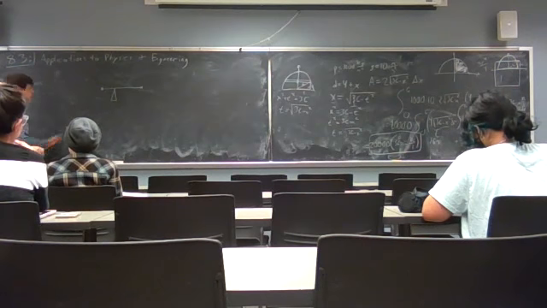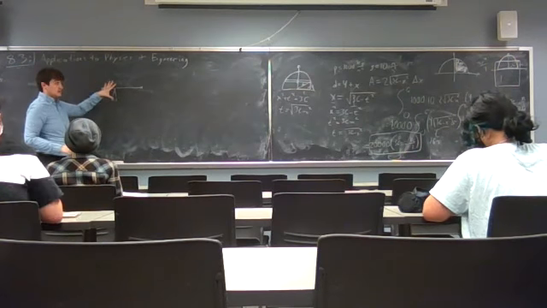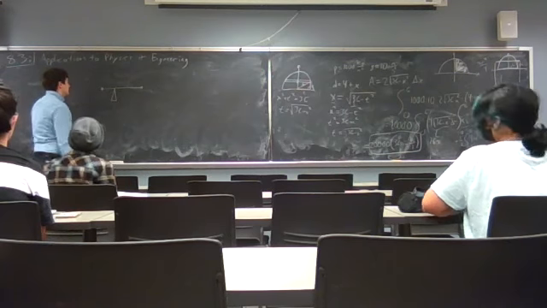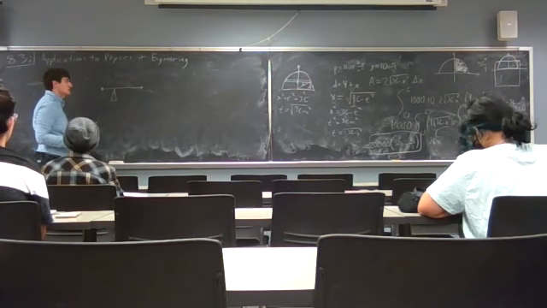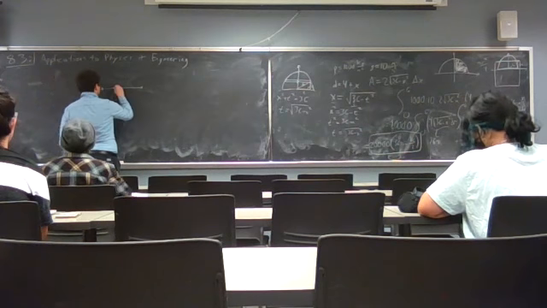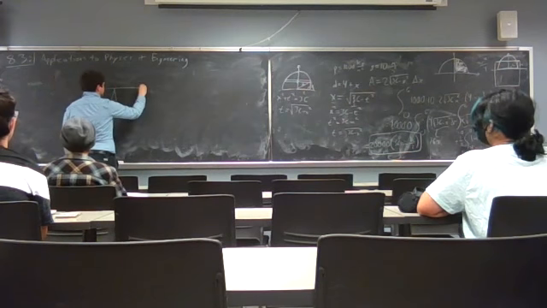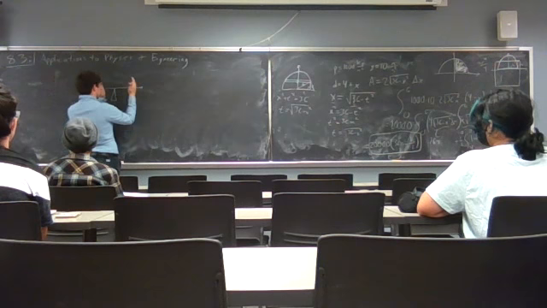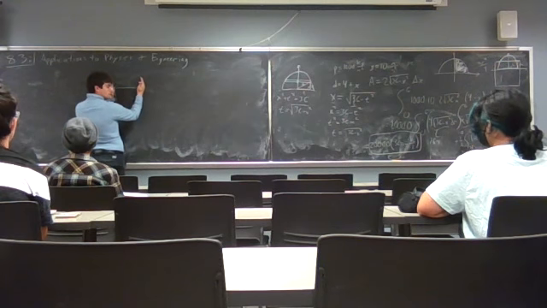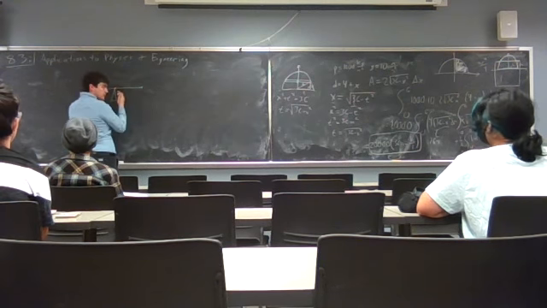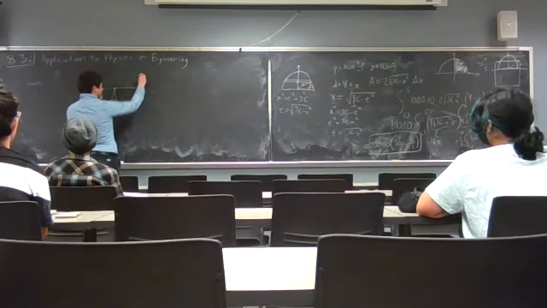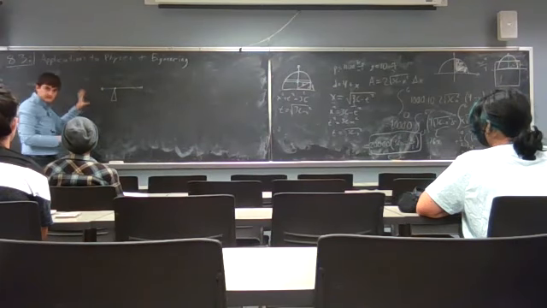The way we figure this sort of question out is we appeal to moments, which we get by taking the distance I am away from my center point and multiplying that by the weight or the mass at that point.